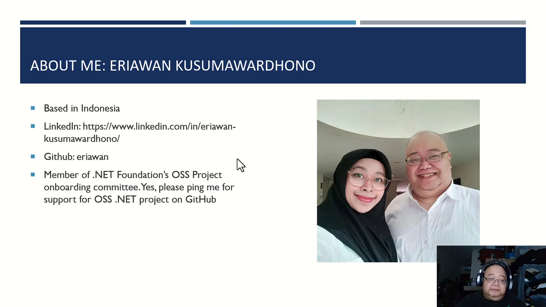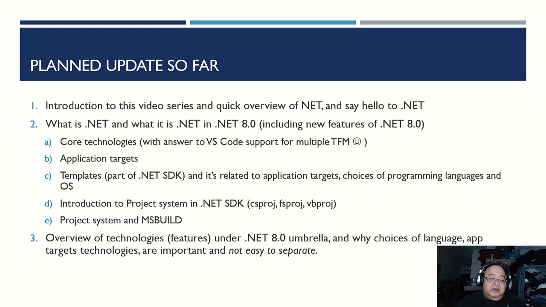I'm going to make it quick. We are now in number 3, overview of technologies, under the architecture umbrella. Again, you have to follow me from the previous videos because this is quite a heavy discussion on the TFM.